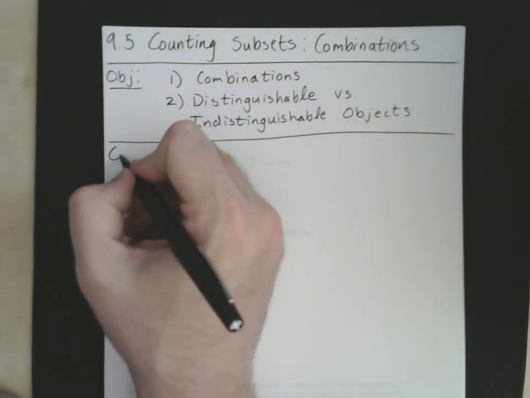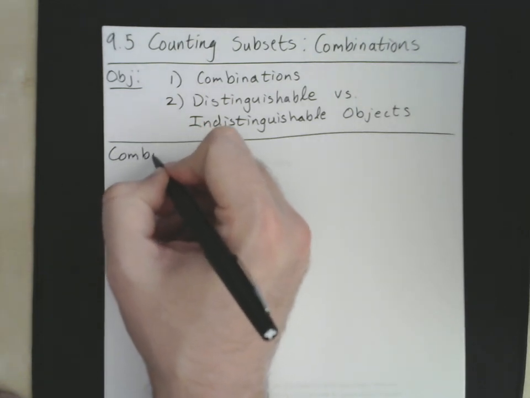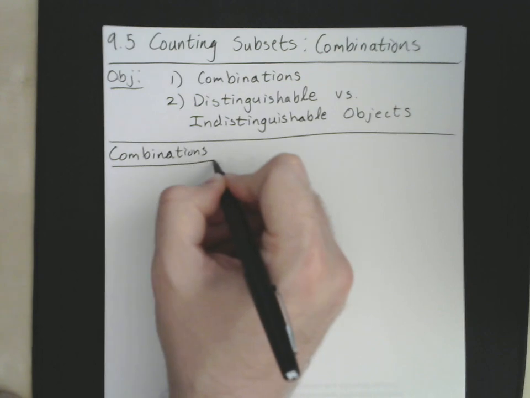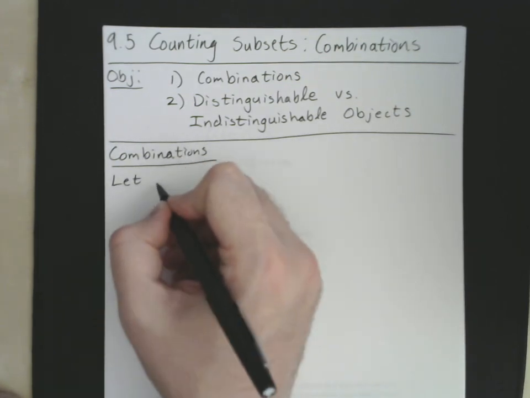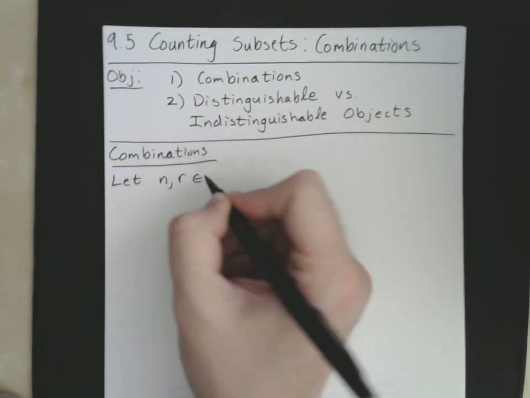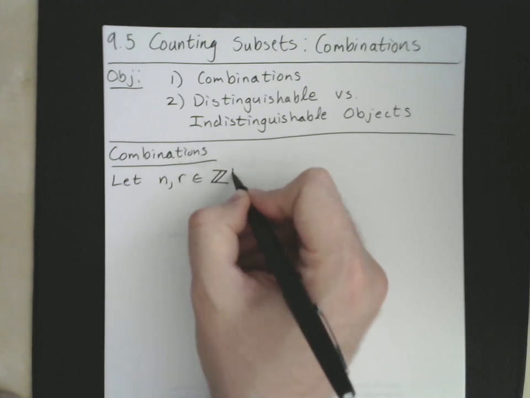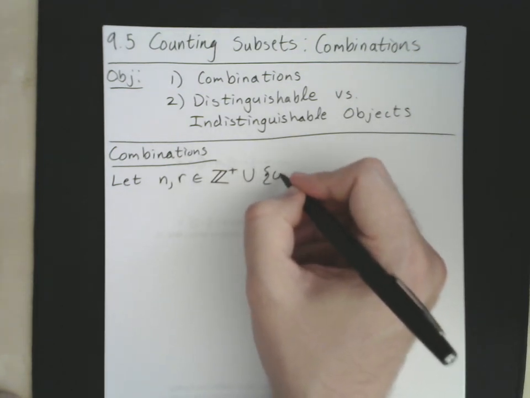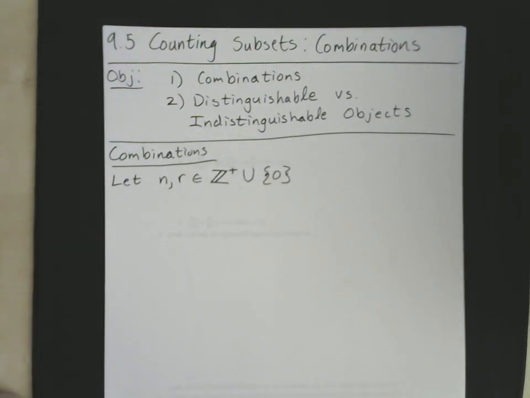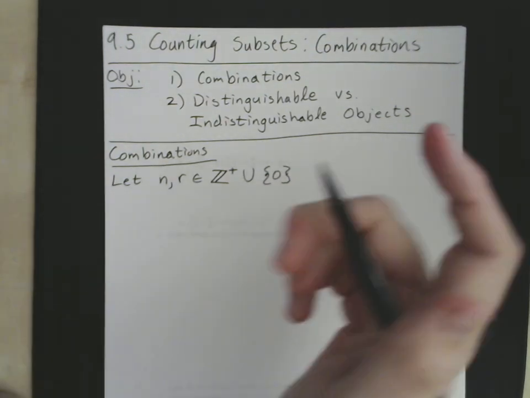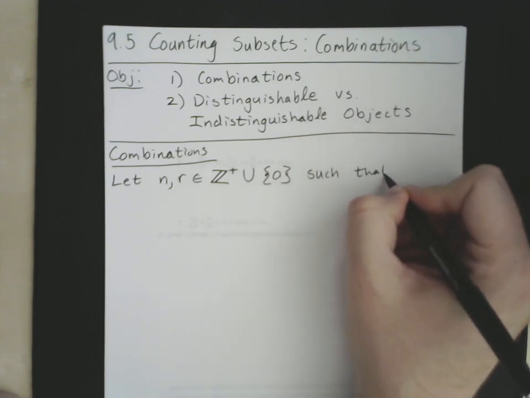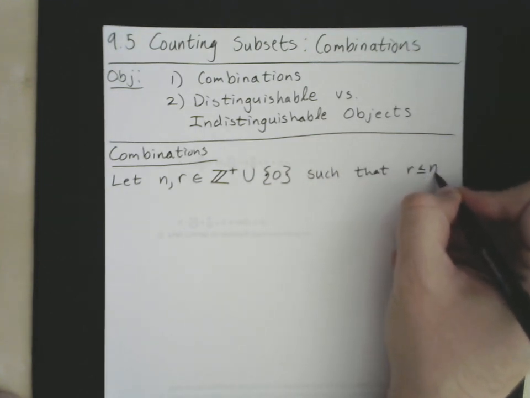So let's start with the definition for combinations. We are going to let n and r be positive integers or 0, so they're in Z plus union 0, such that r is less than or equal to n.